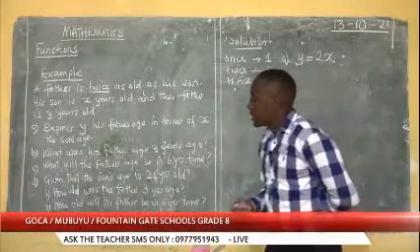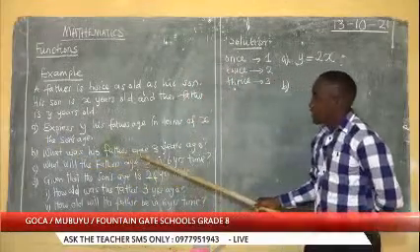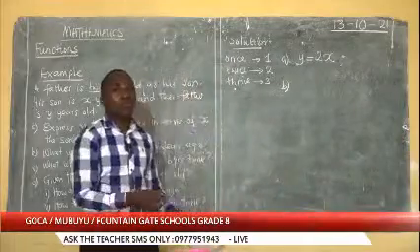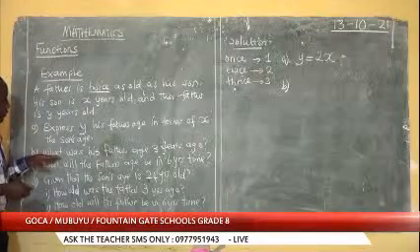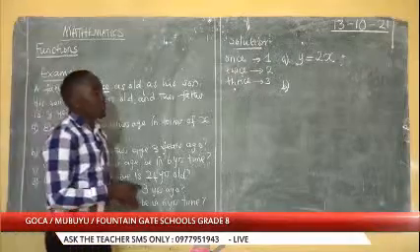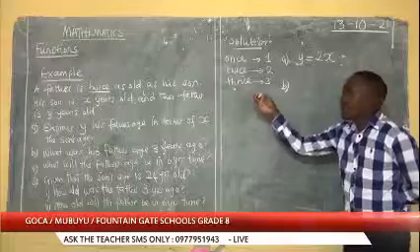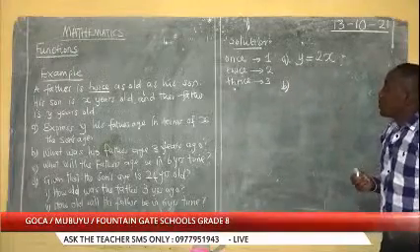In part B of the question, we are asking what was the father's age 3 years ago? The relationship between the son and the father is y is equal to 2x.